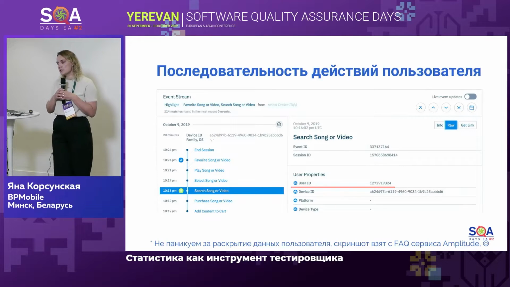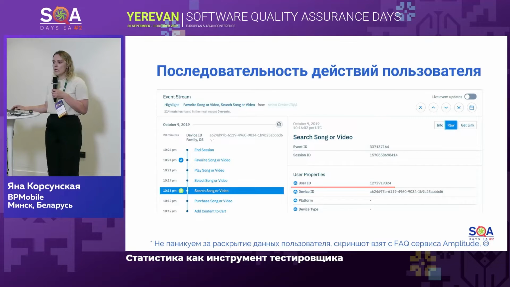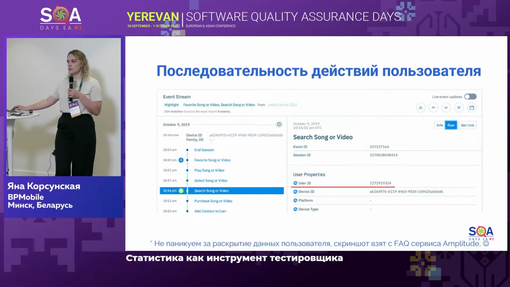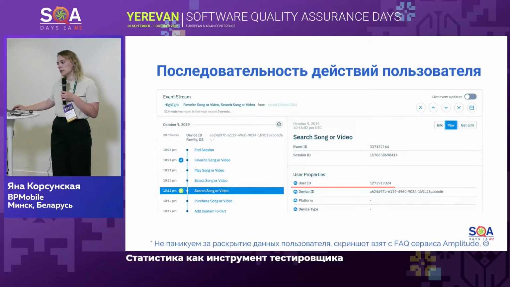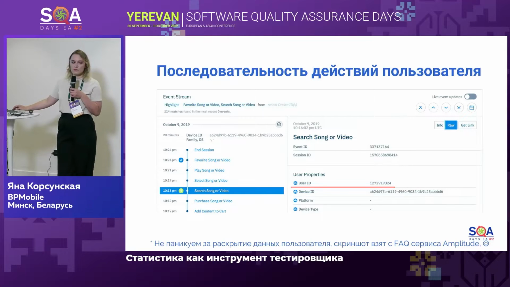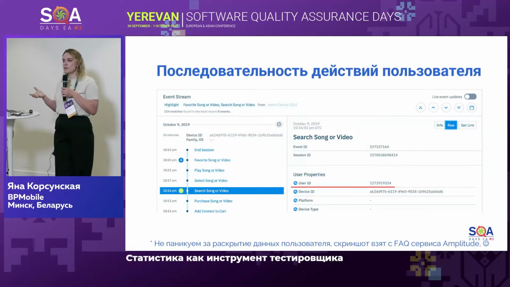When you use that to support the app, if you have a special user ID sender, you can easily find the user info in the analytics and localize the issue more easily, particularly as far as flowing bugs are concerned. You can review the flow of the user depending on the statistics.